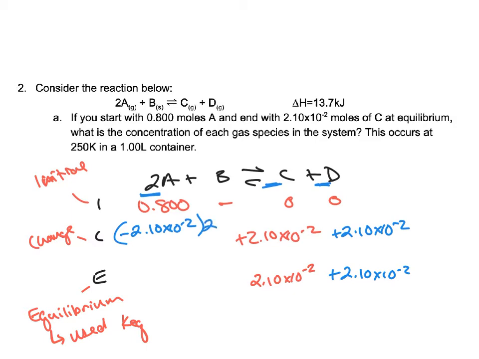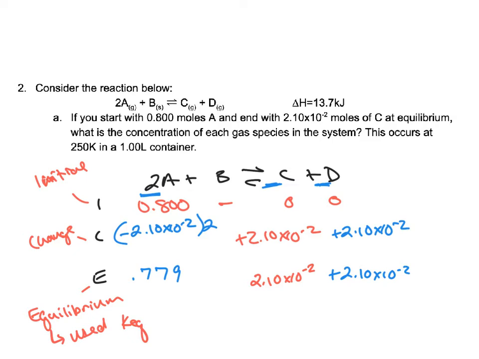So you can subtract 2 times 2.1 times 10 to the negative second. So at the equilibrium concentration, 0.779.